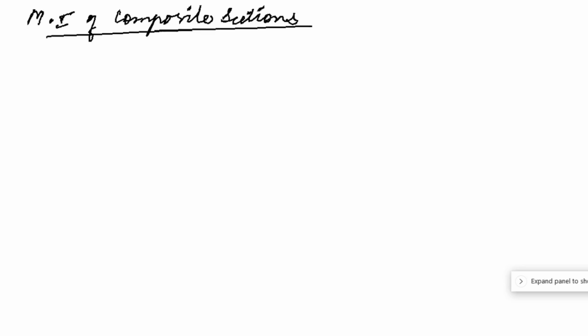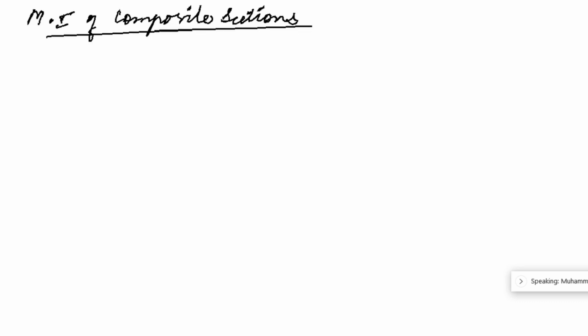Now this was regarding the moment of inertia of a triangle. Now we will do some problems for composite sections. Composite sections include I sections and T sections, wherein we can divide any figure into different plane areas.